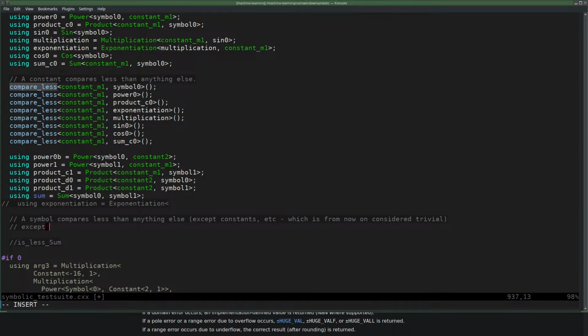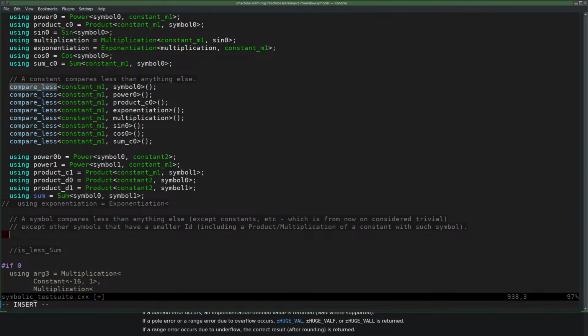So except other symbols that are less, that, well, that have a smaller ID, including products of a constant with such symbol. Product, including a product. Okay, so now we can do the test.